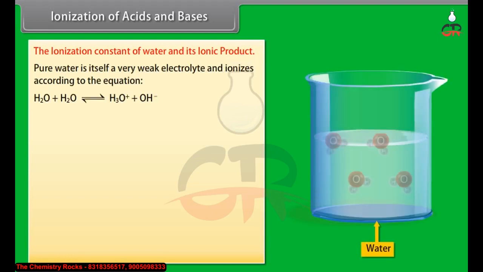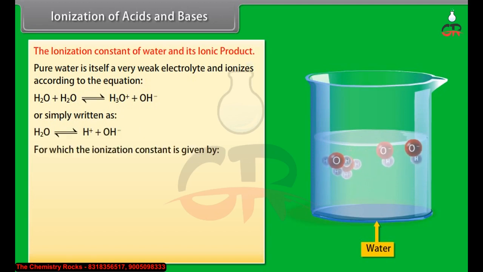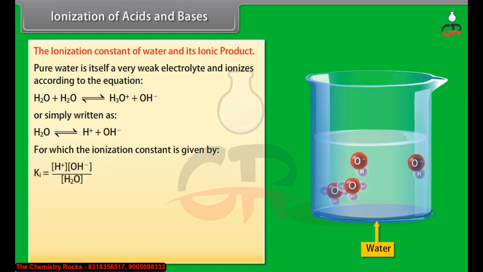Pure water itself is very weak electrolyte and ionizes according to the equation, or simply written as, for which the ionization constant is given by Ki is equal to concentration of H+ into concentration of OH- by concentration of H2O.